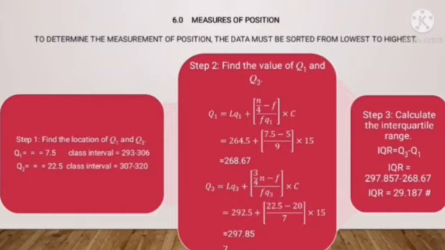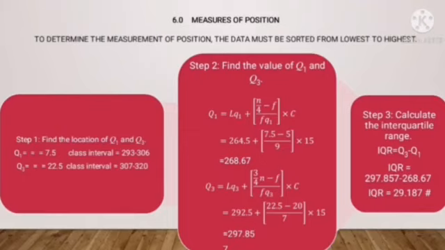To determine the measure of position, the data must be sorted from lowest to highest. We use quartiles to measure position. How to find the quartile? Step 1. Find the location of Q1 and Q3. For Q1, n over 4 equals 30 over 4 equals 7.5.